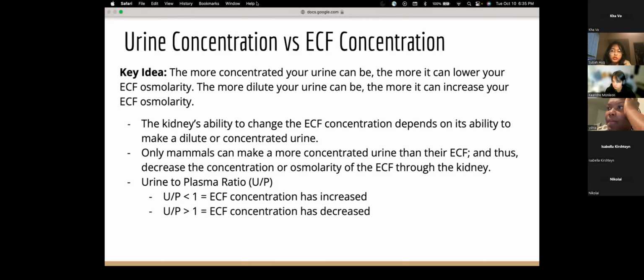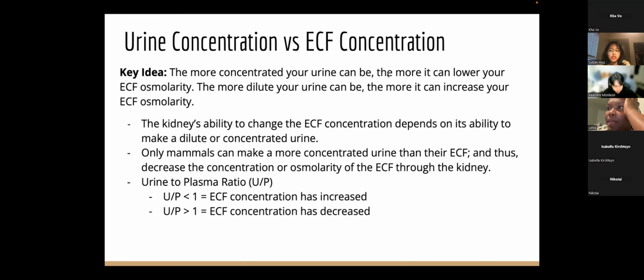And the more dilute your urine can be, meaning there's more water in the urine or fewer salts, the more it can increase your ECF osmolarity, because that would mean less of the salts are in your urine and they're in your extracellular or interstitial fluid more.